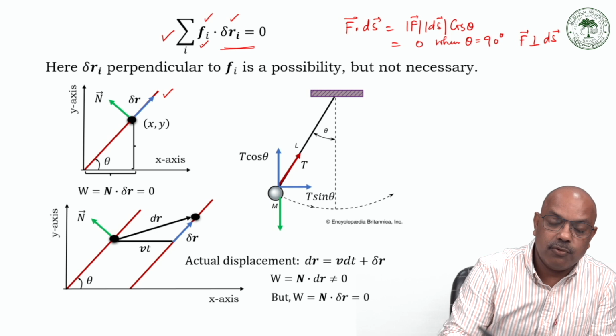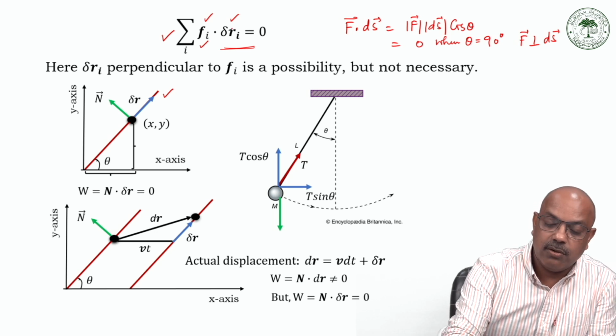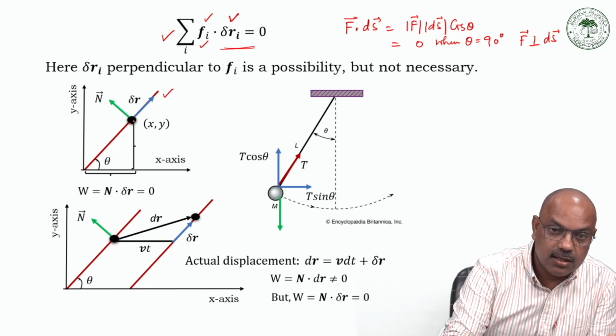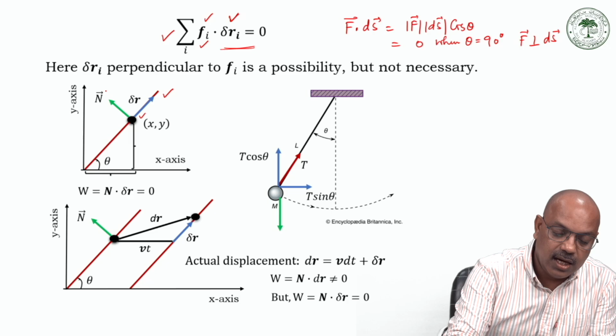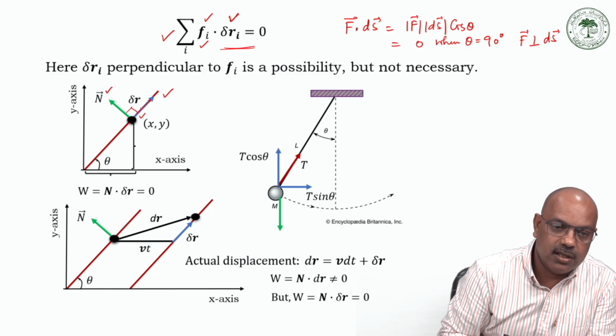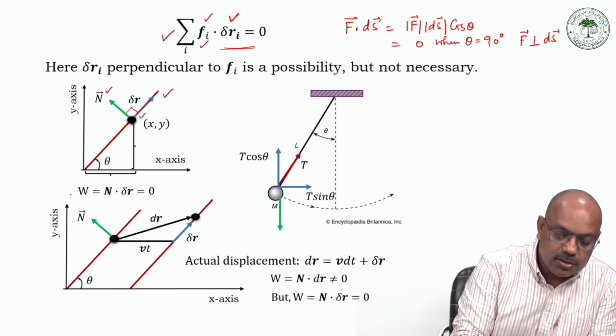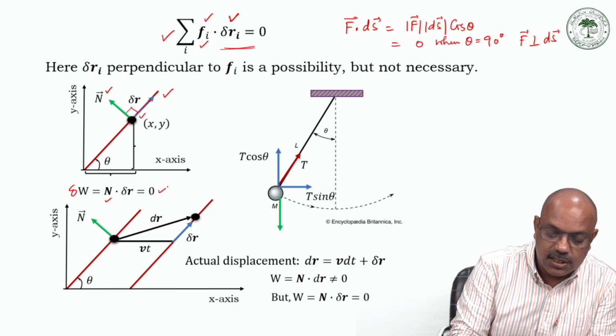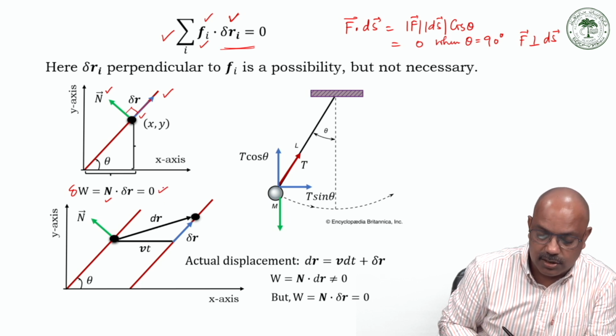So that means the forces of constraint are going to be perpendicular to the virtual displacement. So if the constraint force on this bead when it is moving along is N, and the virtual displacement is along this direction, you see that these are perpendicular to each other. So this delta W, the virtual work by this constraint force, is zero because they are perpendicular to each other.